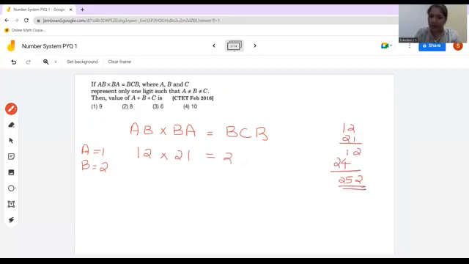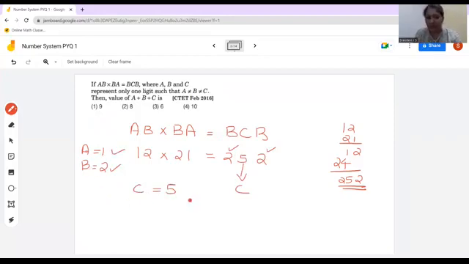So we'll be getting 252. Yes, it is coming in the format BCB. B we have already chosen as 2, right? So you are getting BCB, and in the place of C, what digit is coming? 5, right? So our assumption is correct. In the place of C, we can have the value 5. So we have A as 1, B as 2 and C as 5.